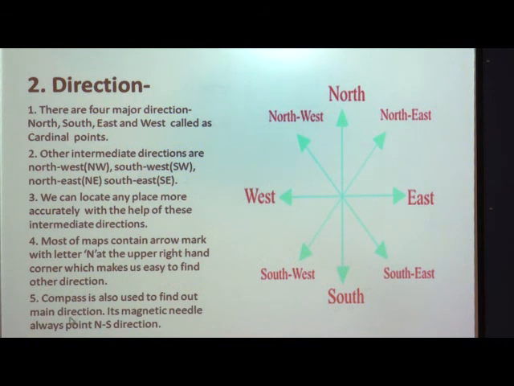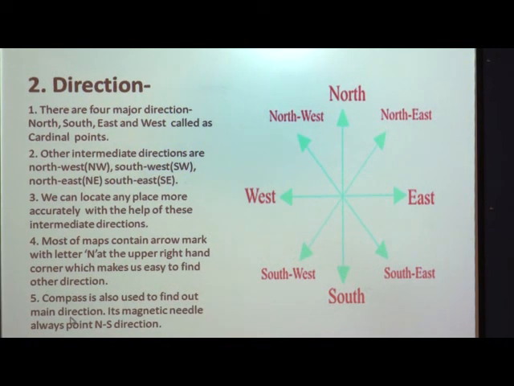Next we will see about directions. We all know, since LKG and UKG, what are the 4 directions? There are 4 major directions: east, west, north, south. These are called cardinal directions. The 4 major directions like east, west, north, south are called cardinal points.